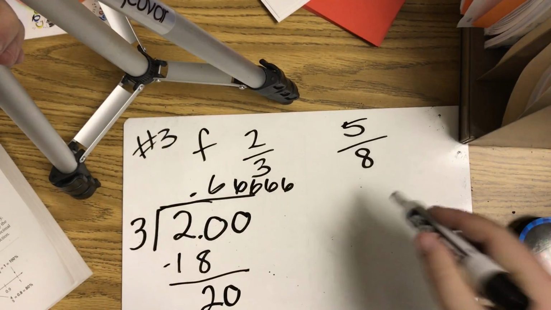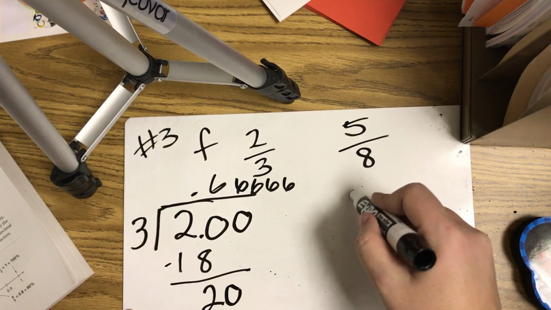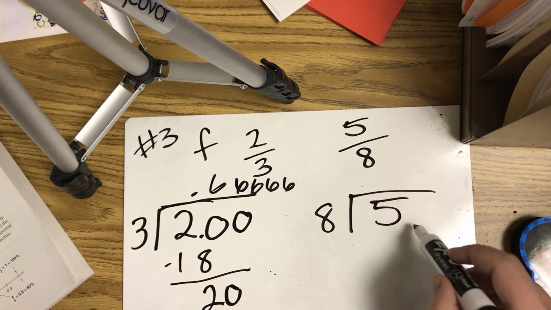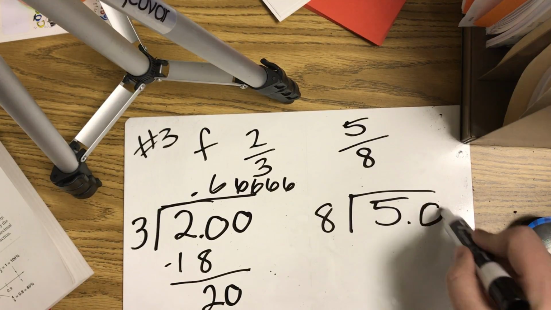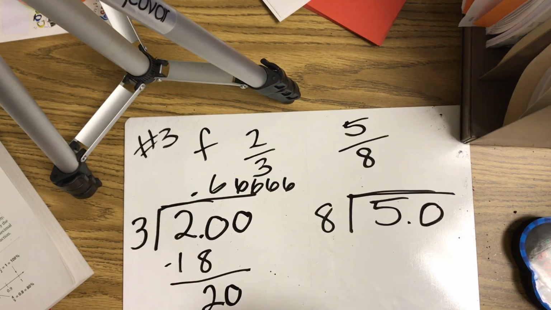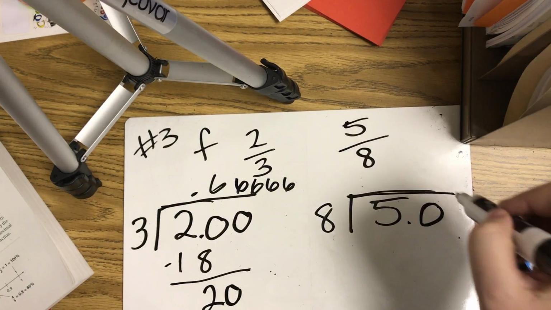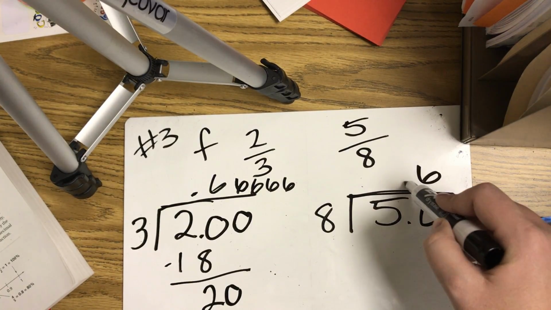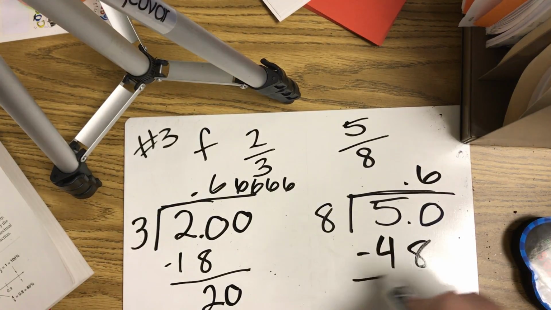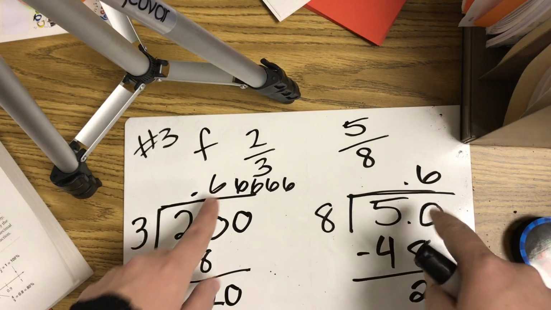Okay, now 5 divided by 8. How many times does 8 go into 5? Put your decimal in a 0. 8 goes into 50, not 7, 6 times, right? Put your decimal. 8 times 6 is 48. Subtract, you get 2. Look, 0.6.